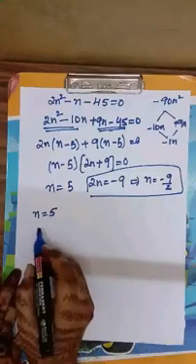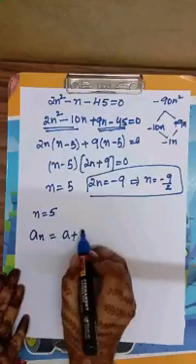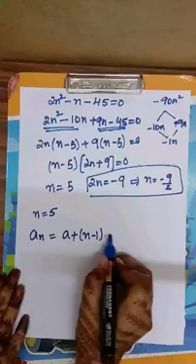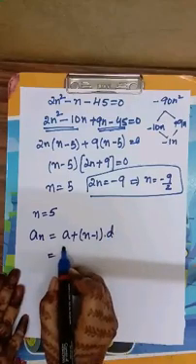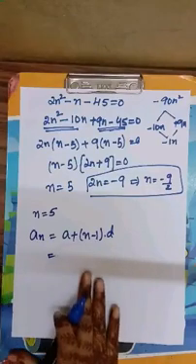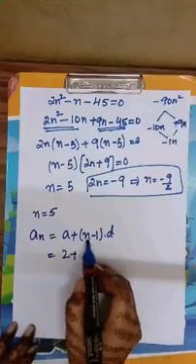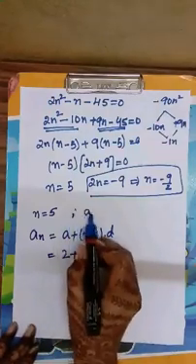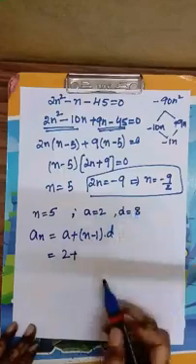Now we have to find a5. An formula: a plus n minus 1 into d. That is a value is 2 plus, given a is 2 and d is 8. This is given.